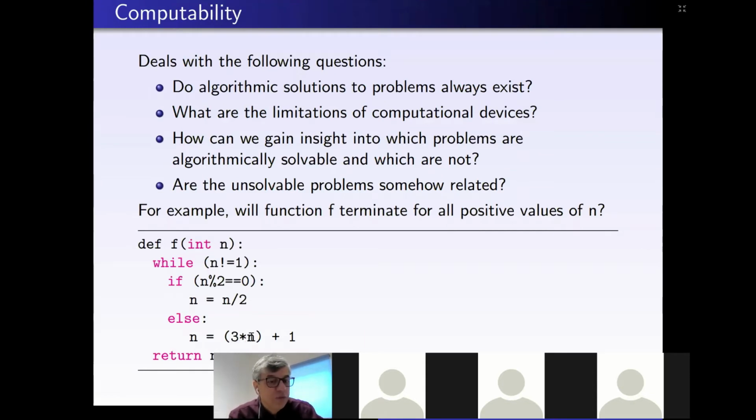So 3 times 5 is 15, plus 1, 16, come here, divided by 2, 8. 8 is even, divide by 2, 4, back here, even, 4 divided by 2, 2, back here, 1, finish. So for 3, you see, it happened. So that's a good question.